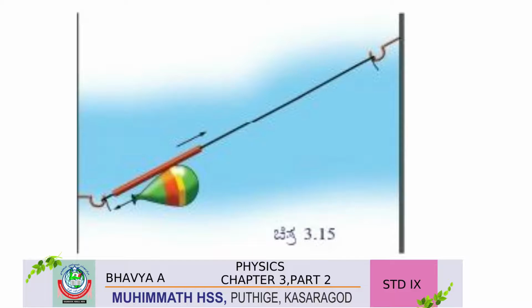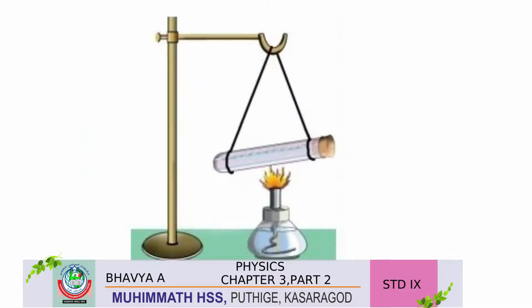Same process, another example. See there, a test tube filled with water, tightly closed with a cork. If you heat that test tube, the water starts boiling and produces steam, so the cork moves outward, in the forward direction.